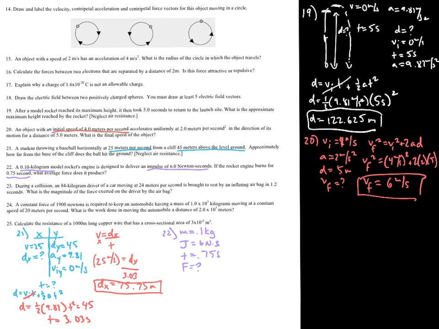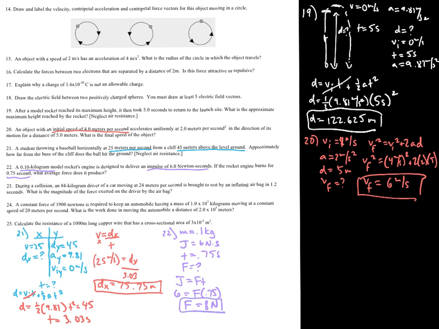This is straightforward though, as J equals Ft. Impulse J is equal to force times time. 6 equals F times 0.75, divide by 0.75 on both sides, and you get 8 newtons as your answer for number 22.